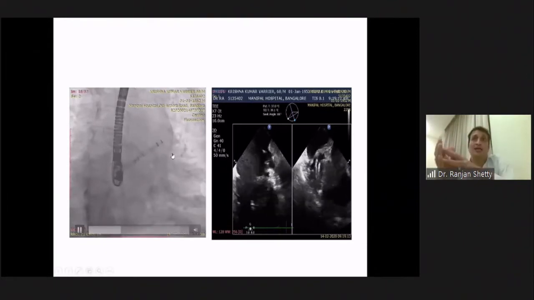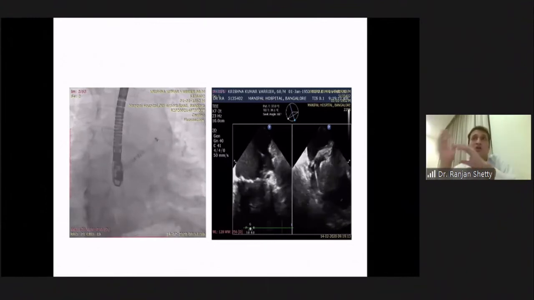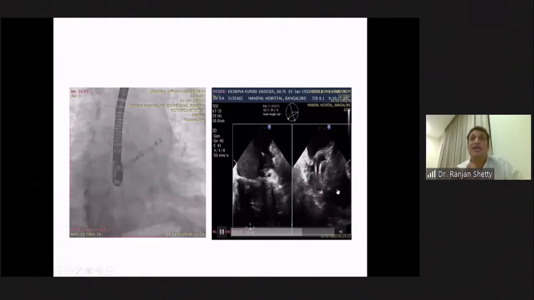Once you do that, turn the pigtail anticlockwise as much as possible, and make sure you're on the distal-most, uppermost part of the left atrial appendage. This is very crucial for a WATCHMAN device, and you can see it clearly.